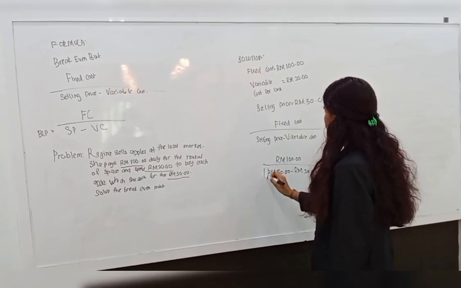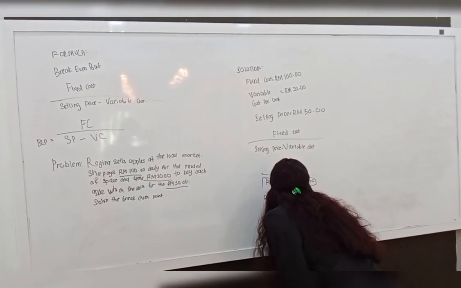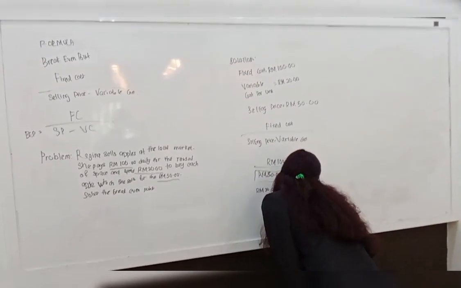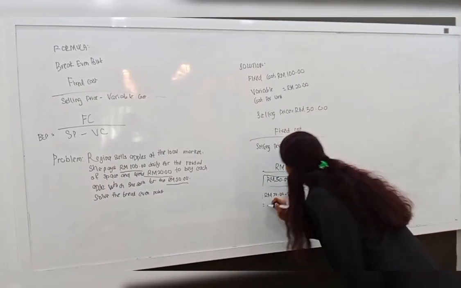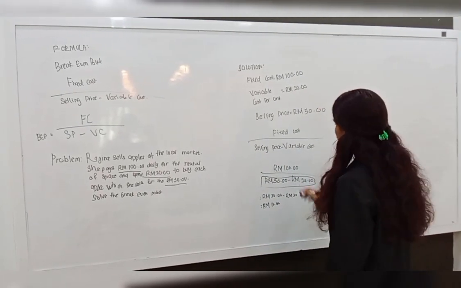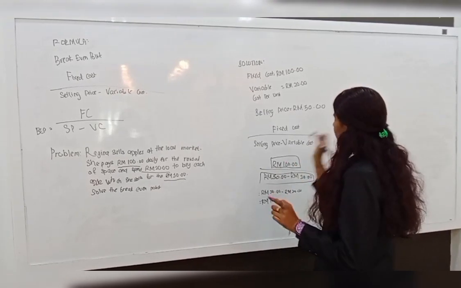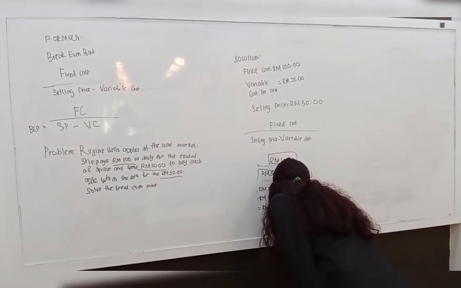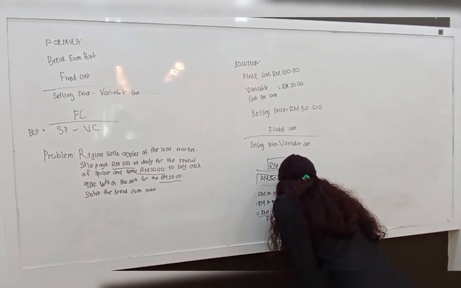First of all, we solve RM 30 minus RM 20. So you guys get RM 10. After that you divide 100 ringgit, which is RM 100 divided by RM 10.